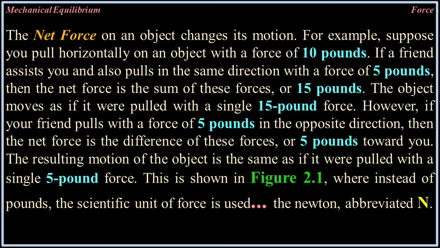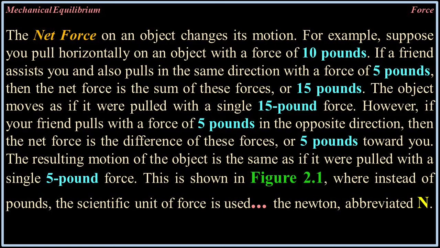For example, suppose you pull horizontally on an object with a force of 10 pounds. If a friend assists you and also pulls in the same direction with a force of 5 pounds, then the net force is the sum of these two forces, or 15 pounds. The object moves as if it were pulled with a single 15-pound force.